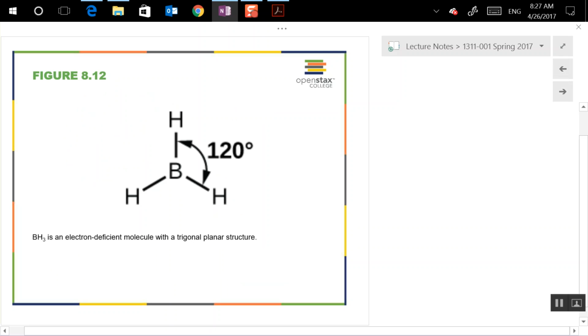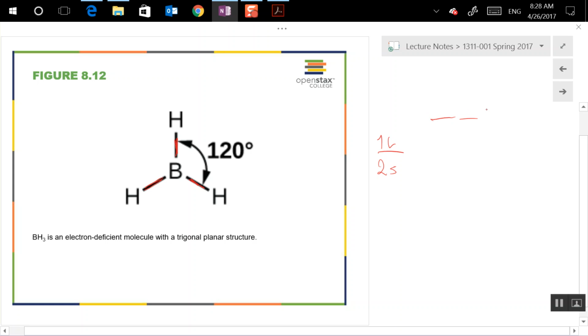Okay. This is an electron deficient molecule. Boron is. So what is the hybridization here? So boron is making 1, 2, 3 bonds. Boron has 2 electrons in the 2s, right?